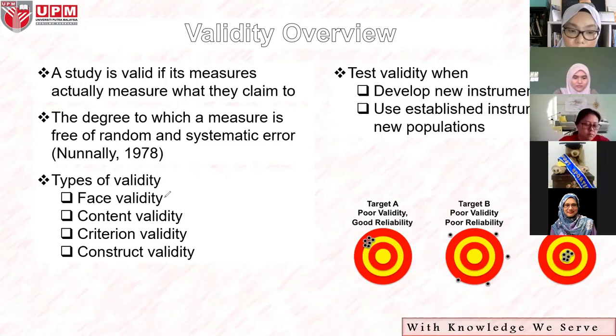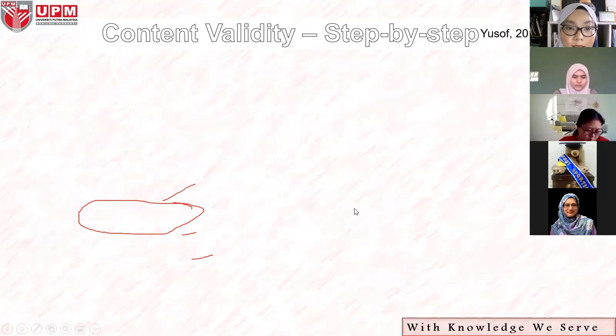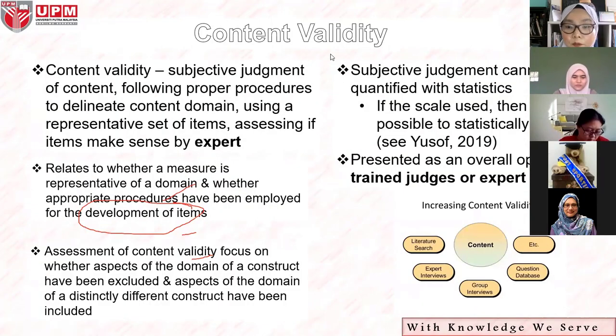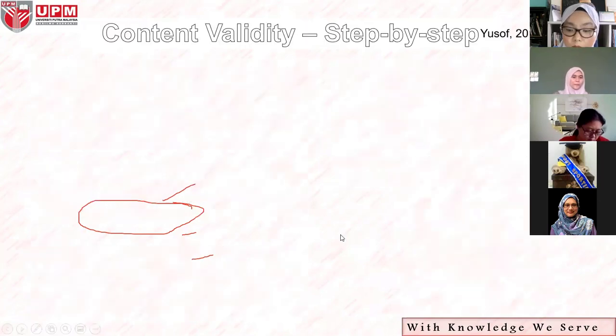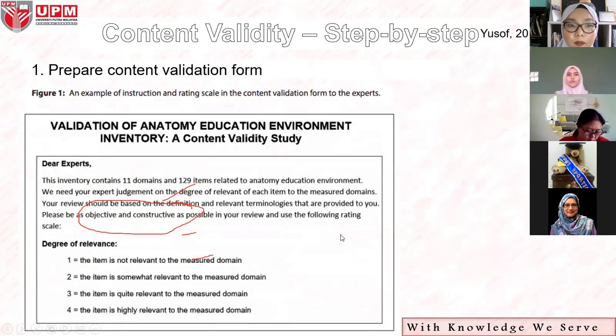Similar goes to this one and two. Okay, only the content validity. For content validity, there are a few ways to measure it. This one I already shared with you earlier. But I just want to focus on this one: how you can measure content validity.